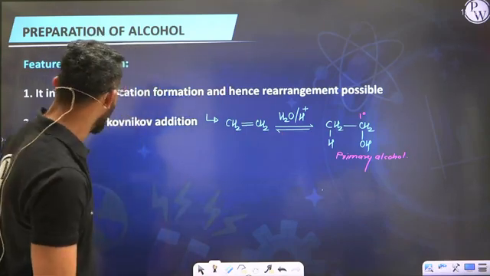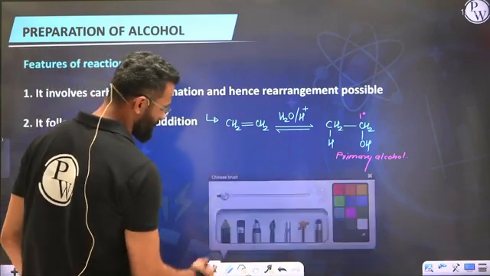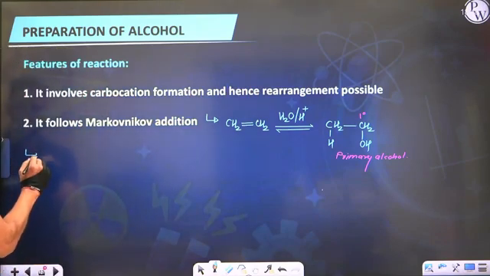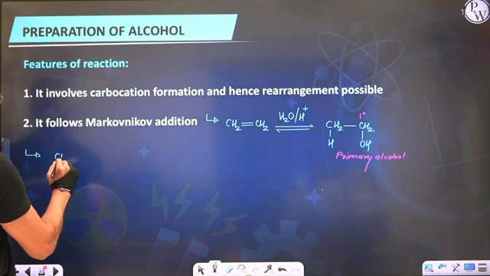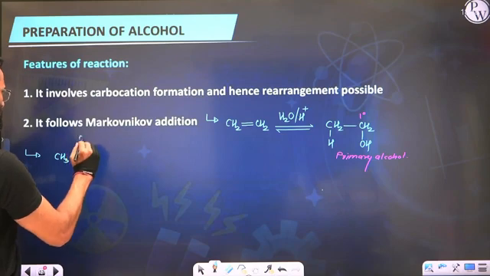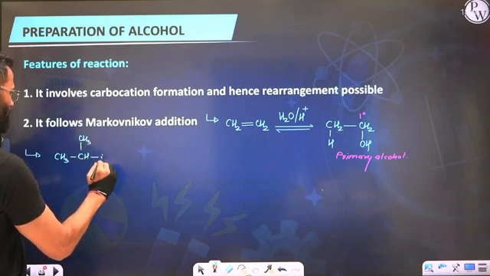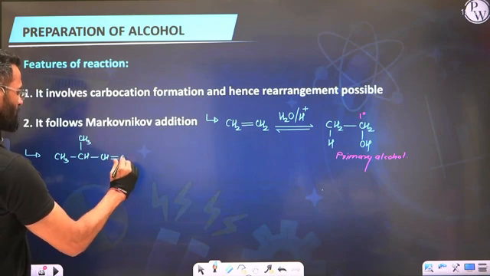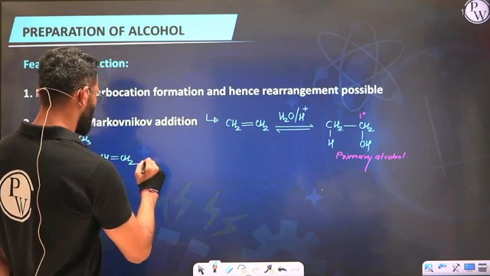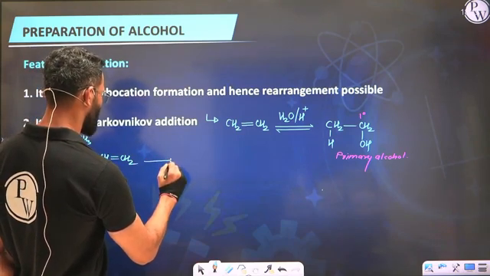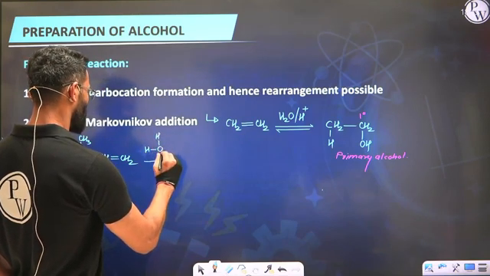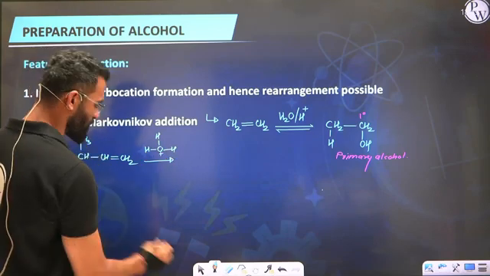Alright guys. Now since it involves carbocation, imagine I give you another example. Let's say we have 3-methyl-1-butene, CH3, CH3. That's the alkene given, and now you're carrying out acid catalyzed hydration, with hydronium ion all set to release a proton.